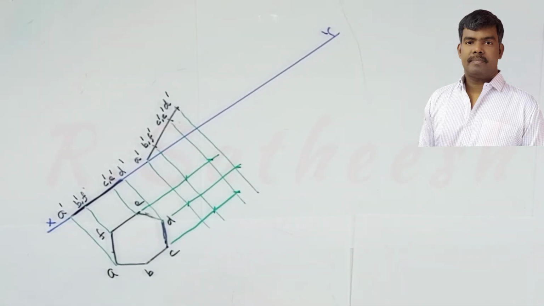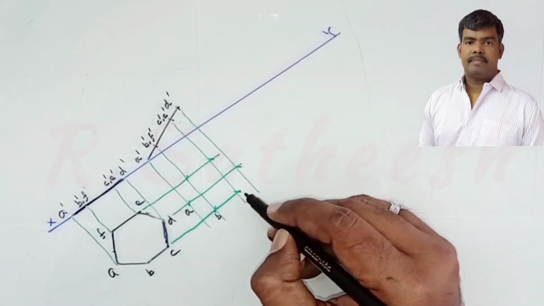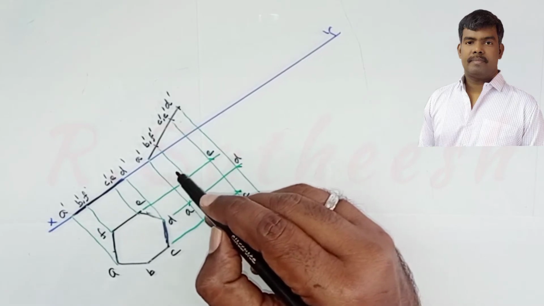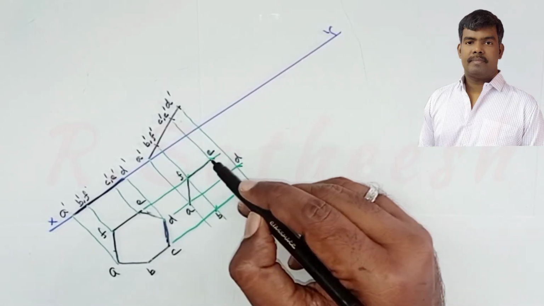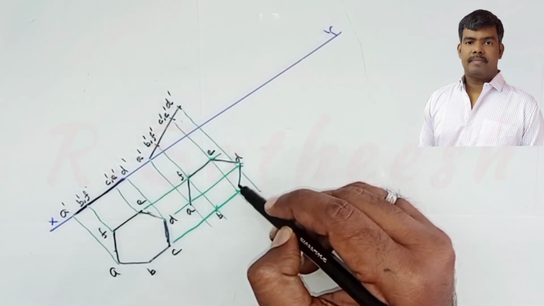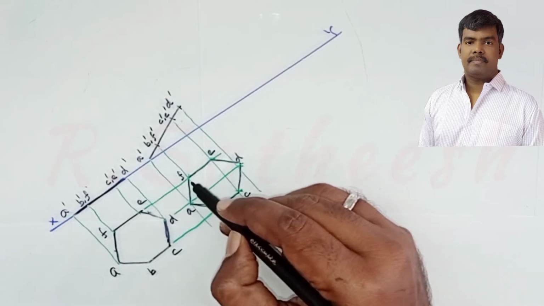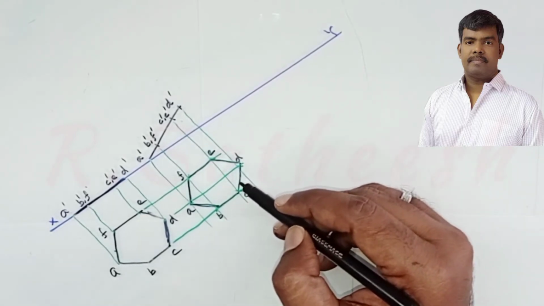Finally you join A, B, C, D, E, F, A. So we get again a six-sided polygon.